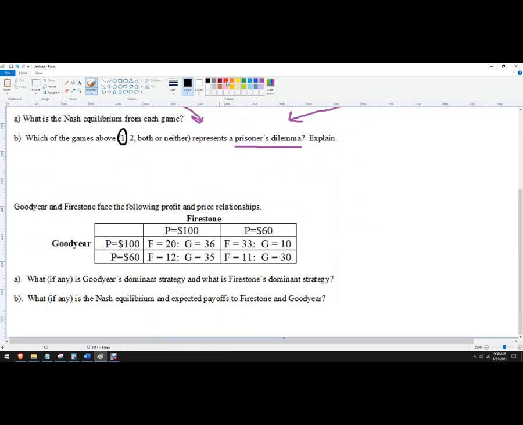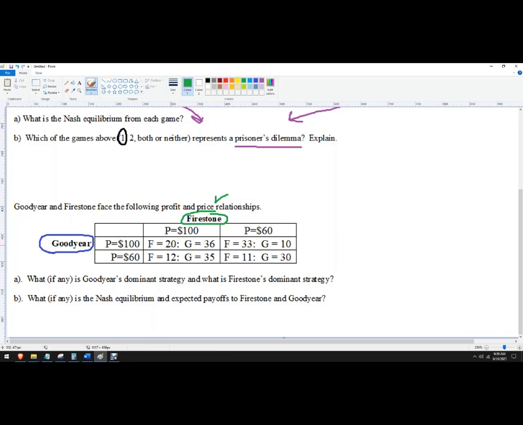Okay, let's do this other problem. I've got Goodyear, we'll do them in blue this time, and Firestone, we'll do them in green. Here we've got pricing. This is called a pricing game. Goodyear can choose a price of $100 or $60, and Firestone $100 or $60. They're selling tires, a pretty similar product. This time I'm going to do Firestone first. If Goodyear chooses 100, what's better for Firestone?